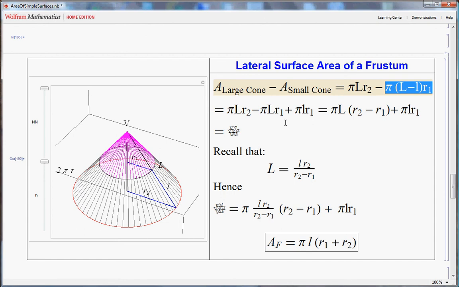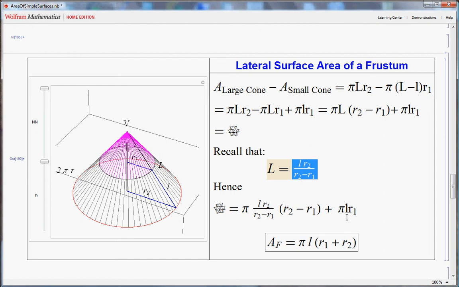We will obtain an expression consisting of 3 terms, and the first 2 terms in that expression will have pi l in common. So let's take pi l out, and we will obtain an expression where capital L is in just a single place. We have just calculated capital L, so let's substitute for capital L the fraction we have found.